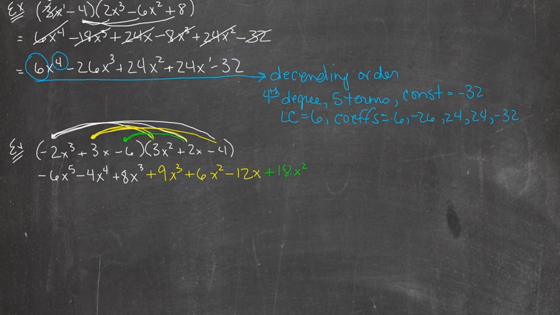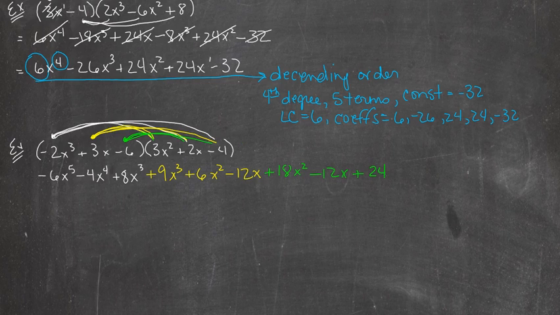A negative and a positive is a negative. 6 times 2 is 12. No x's and 1 x, total of 1 x. And I don't really need to write that 1 on the power, do I? Last but not least, a negative and a negative is a positive. 6 times 4 is 24. And no x's and no x's means there are no x's anywhere.